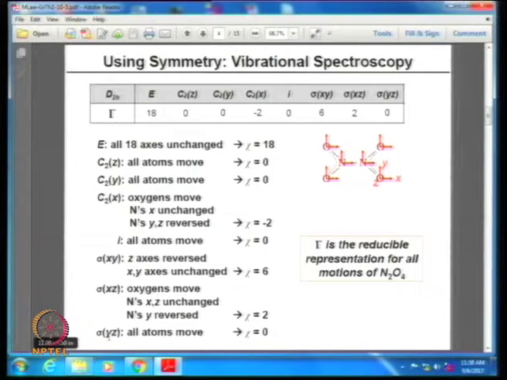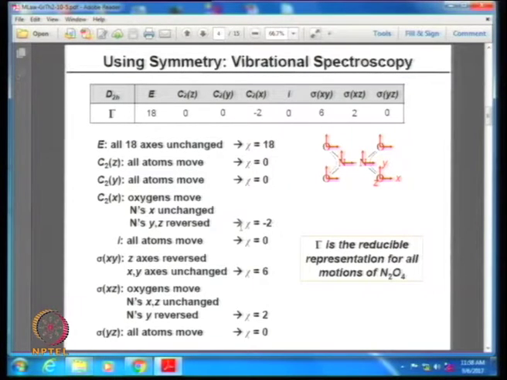The YZ reflection, if you take the YZ plane and flip, all the atoms move, so character is 0. So there is a shortcut way of calculating the character of this, given this is not an irrep.